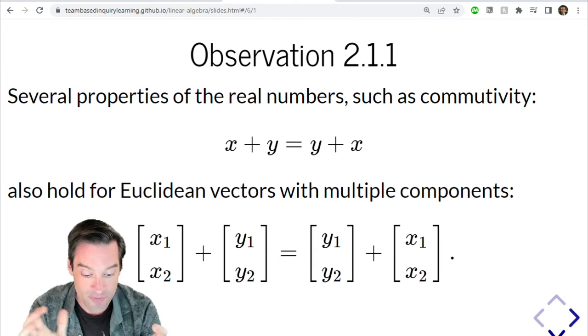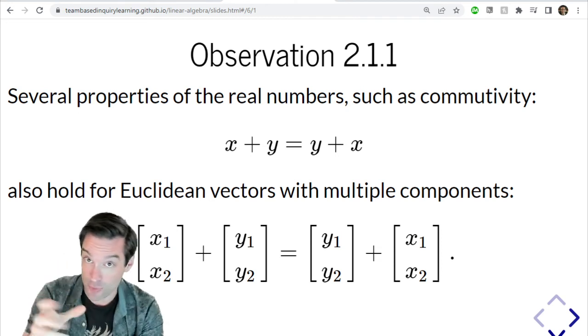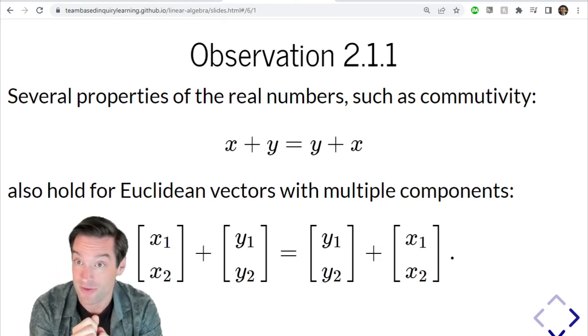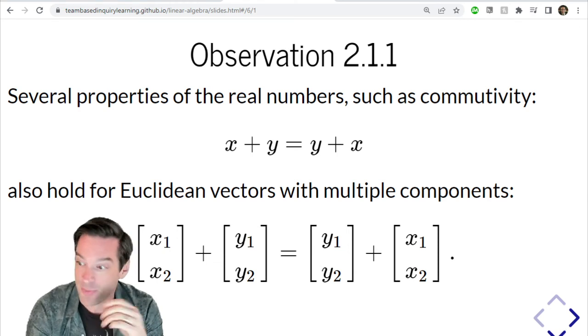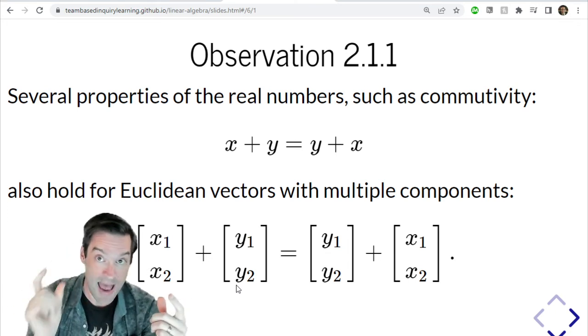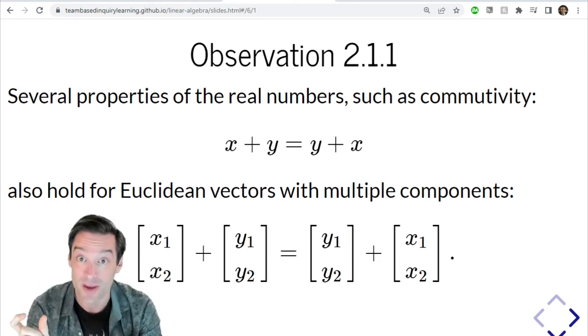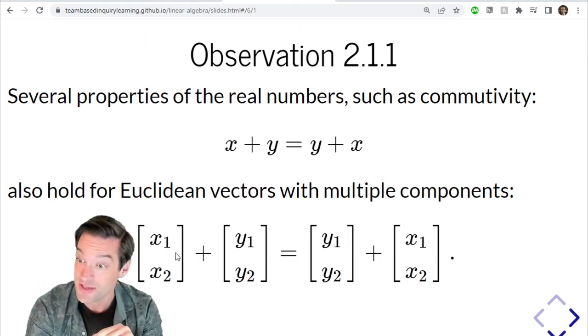Because of that property for real numbers, there is a corresponding property that exists for vectors, being points inside of xy space, inside of this Euclidean plane, if they have components x1 and x2 and y1 and y2. Our traditional idea of how to add vectors just has us adding the first components and adding the second components. Because that addition is an addition of real numbers, each of those additions is commutative. x1 plus y1 is the same thing as y1 plus x1 as real numbers, and same thing with the second components.